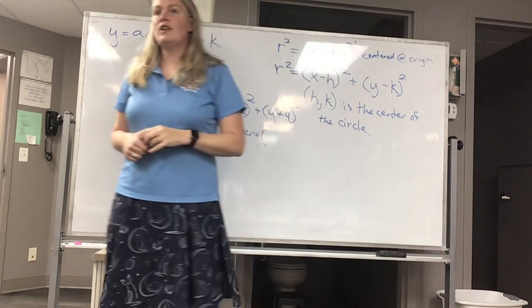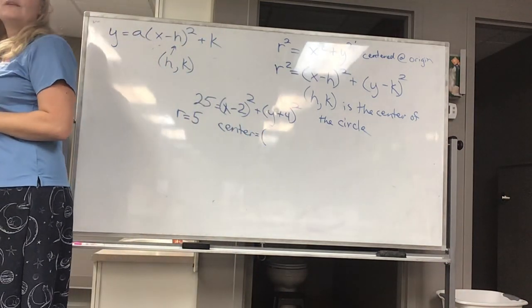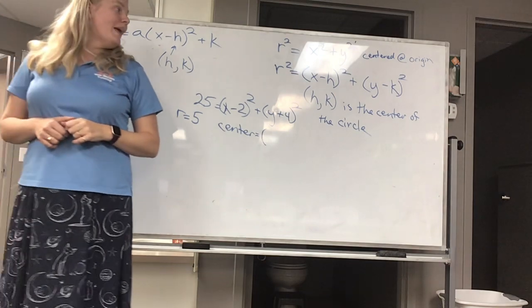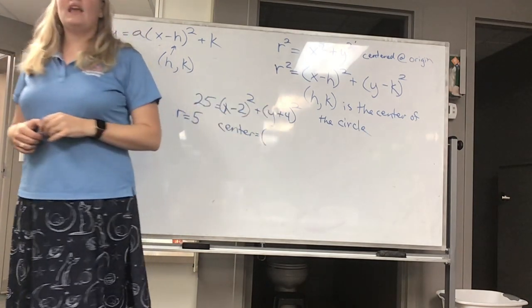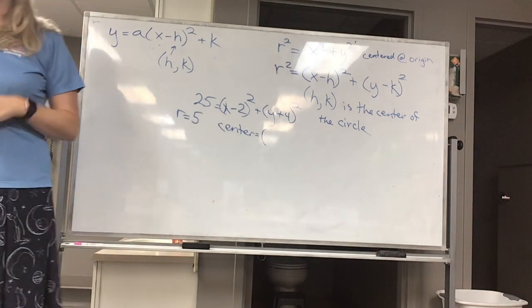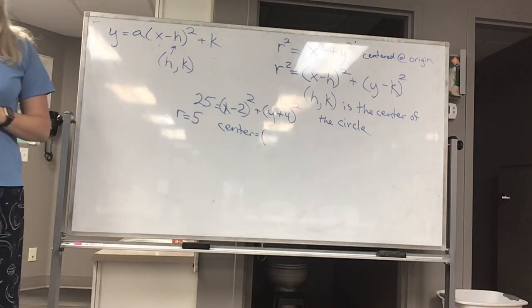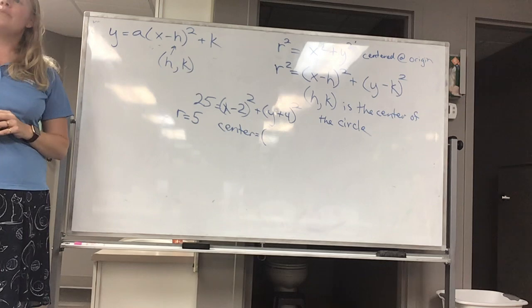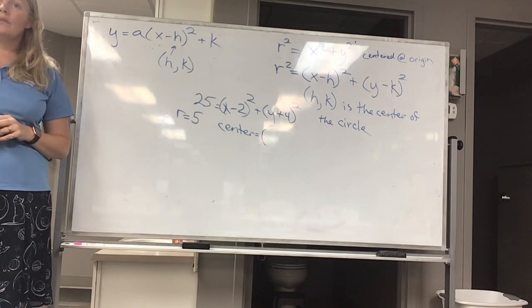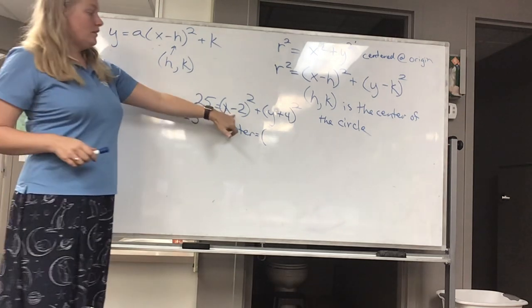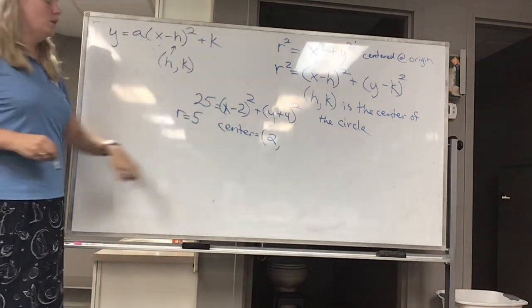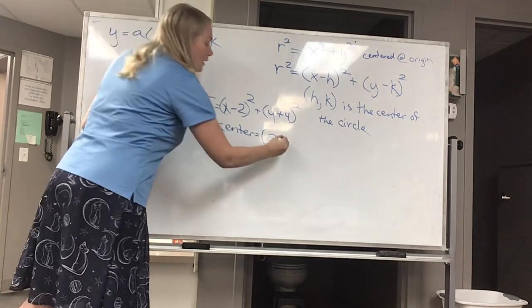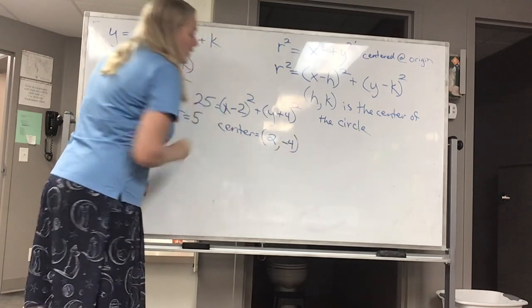If there's no change, it's centered around the origin. If instead there are these changes in the horizontal and the vertical direction, your center is going to be what makes them 0. What makes this 0 is positive 2, or the opposite sign. What makes this 0 is negative 4, or the opposite sign.